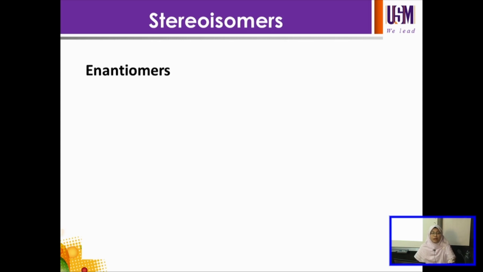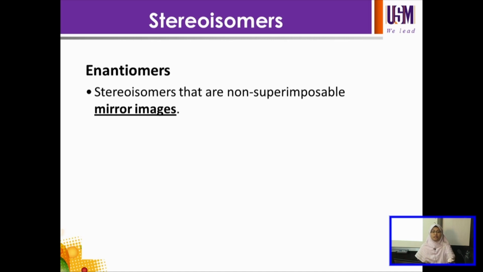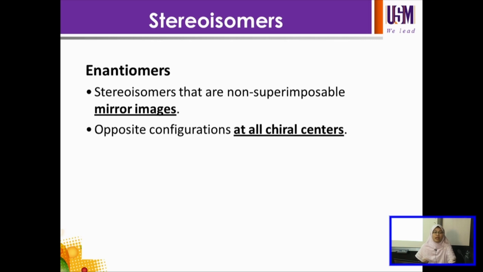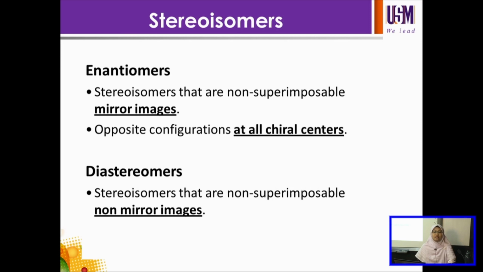Let's recap what we have learned from previous videos. Enantiomers are stereoisomers that are non-superimposable mirror images. They have opposite configuration at all chiral centers. Diastereomers, on the other hand, are stereoisomers that are non-superimposable, non-mirror images.